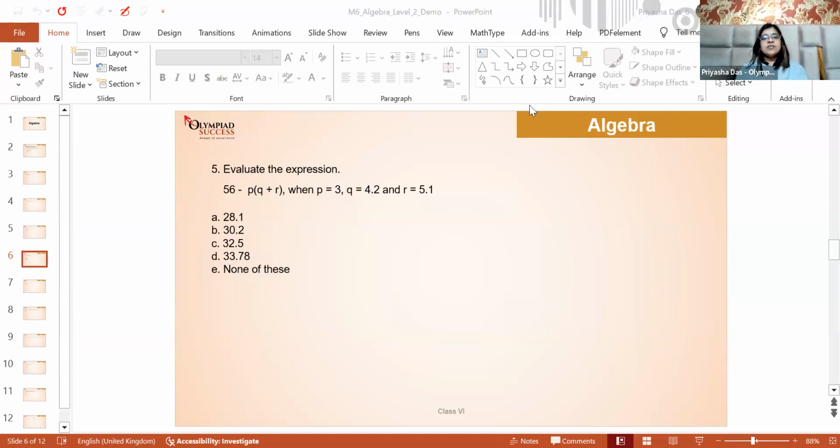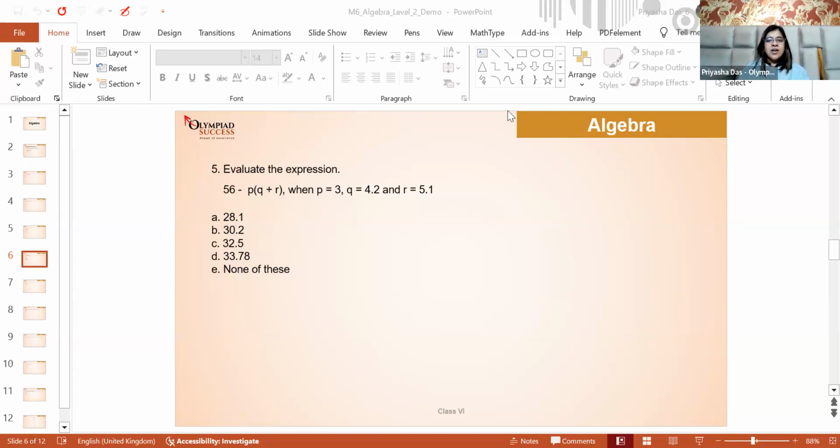Any shortcuts? Any shortcuts? Anyone? Can we ignore the decimals and do the addition and subtraction or multiplication? Can we do that? Can we afford to do that?